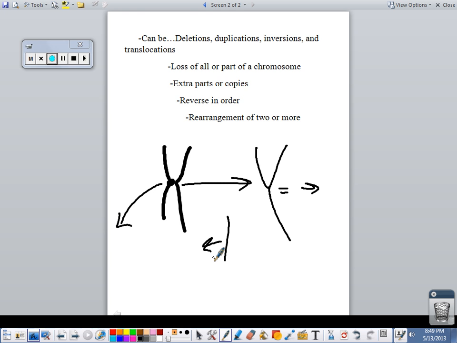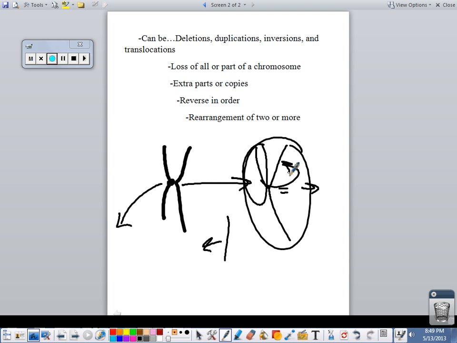Also duplications. When you have extra chromosomes, this is kind of like a duplication, and you have extra. This part right here actually is a duplication of that. When you have extra alleles occurring, it causes a difference in how the traits are expressed.